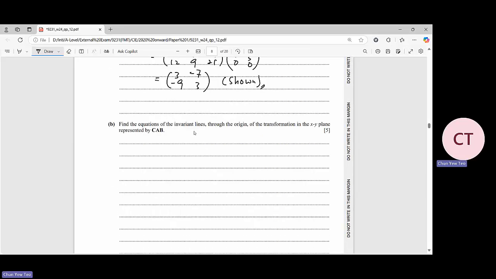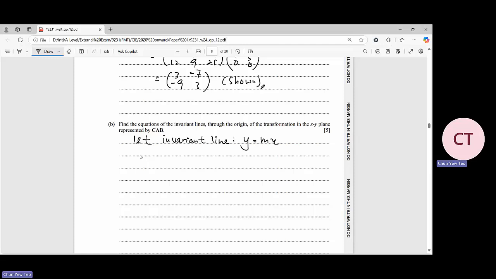Find the equations of the invariant lines through the origin of the transformation in the xy plane represented by CAB. To find the invariant lines, we just let the invariant line be y equals mx.